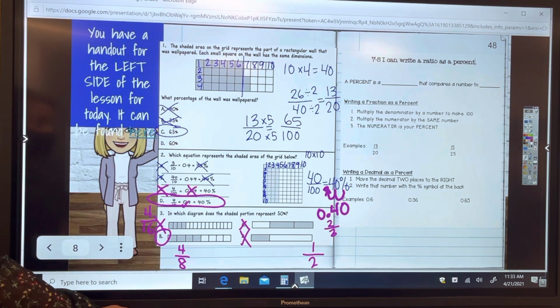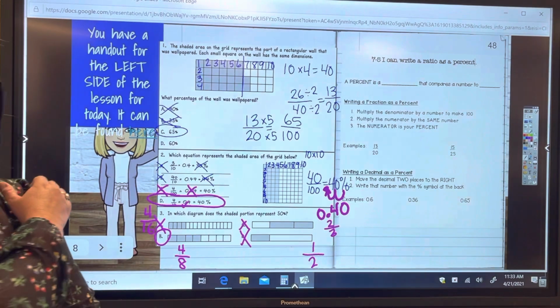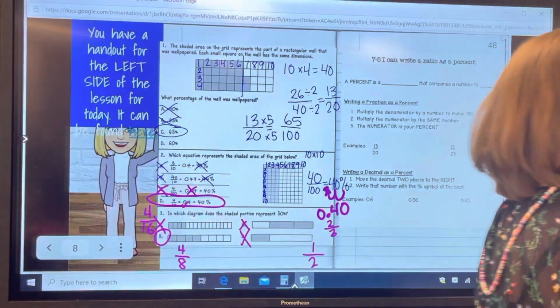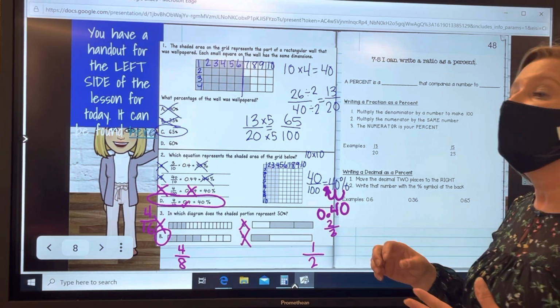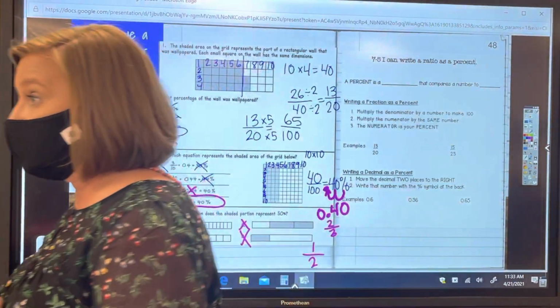Anytime you are taking an online assessment, okay? Anytime you are taking SC Ready, anytime you are taking MAP, please make sure that you use that tool that blocks out any answer choices that you know are incorrect, okay?